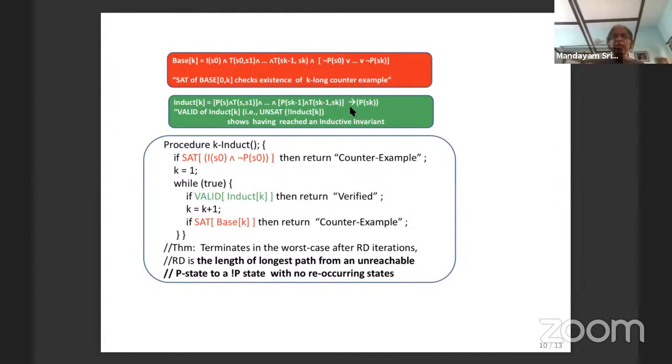Okay, so if the K inductiveness check succeeds, you see it's a validity check, which means you have to prove the negation of that is unsat. So a validity check using a SAT solver can be done by taking the negation of this formula. Make the distinction: this is starting from an initial state, and this is starting from an arbitrary P state that takes it for K long.